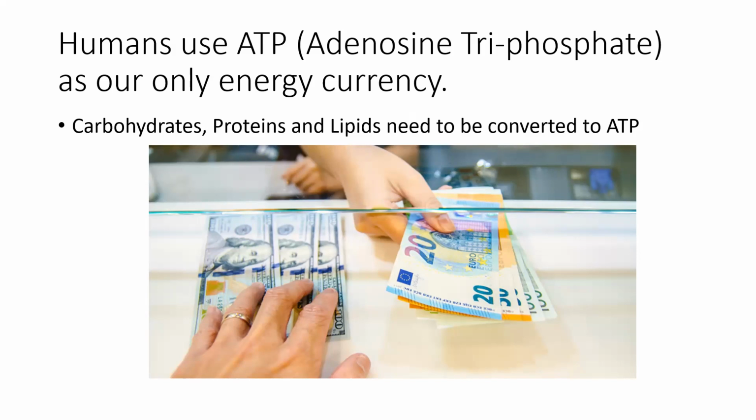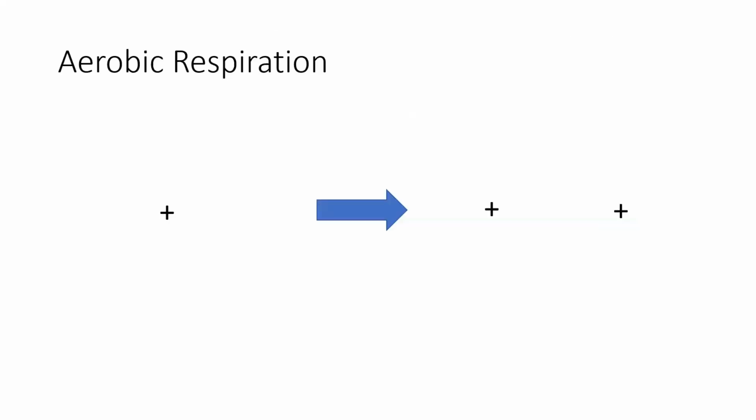It's sort of like if you go on a vacation in Europe and come back with all these different currencies, you can't spend them at McDonald's here in the United States. You've got to go to the bank and exchange your foreign currency for the currency we use here. It's the same thing. We take in a lot of high energy, but then our bodies have to convert it to the one energy currency our body uses, which is ATP.